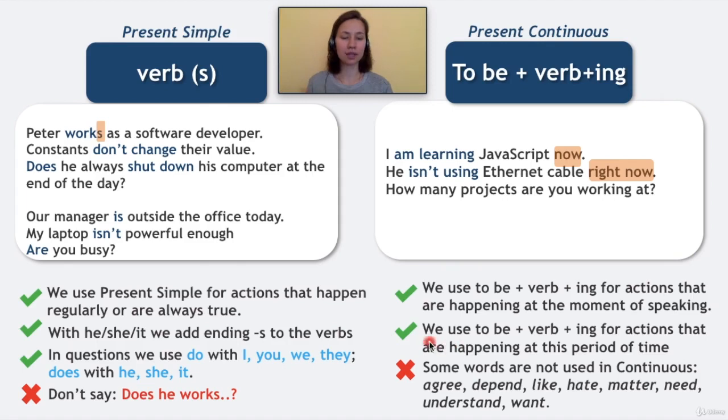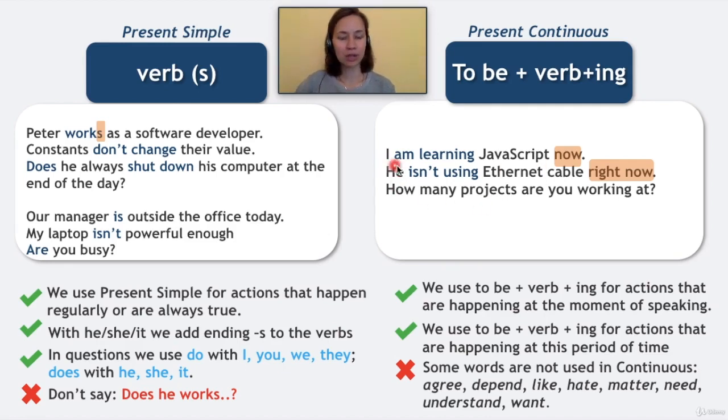And this is the next rule here. We use to be plus verb with ing for actions that are happening at this period of time. So something more than just this moment, yeah? You can speak about today, you can speak about this week, this month, and so on. So the period of time can be longer than just this particular second or moment, right?